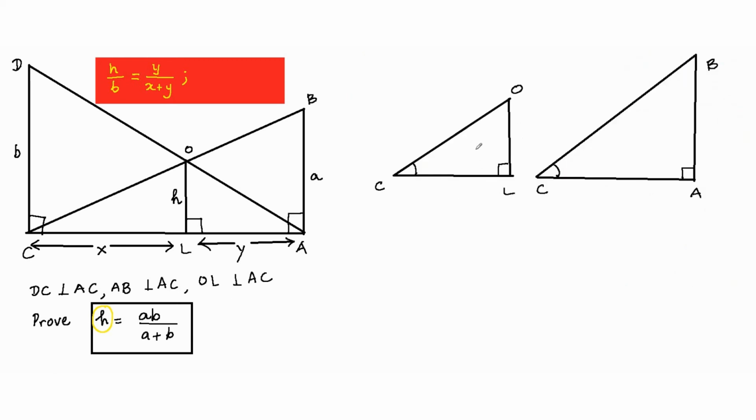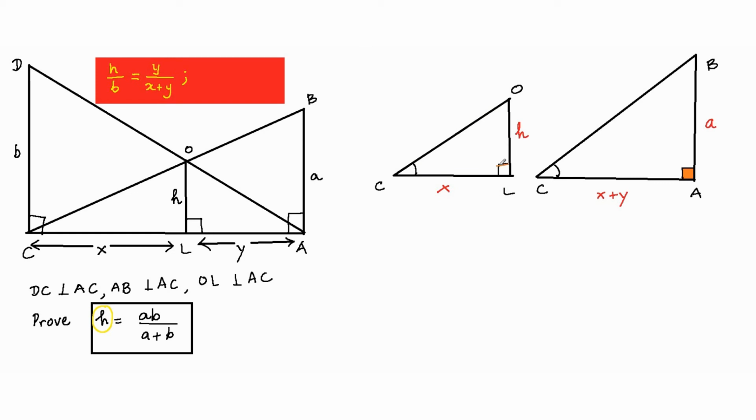So when I draw these two triangles separately, I have taken COL and CBA. Let us mark its sides. So we know that this is H and AB is A. Then CL is X and CA is X plus Y. Now these two triangles are definitely similar because angle L is 90 and angle A is also 90.